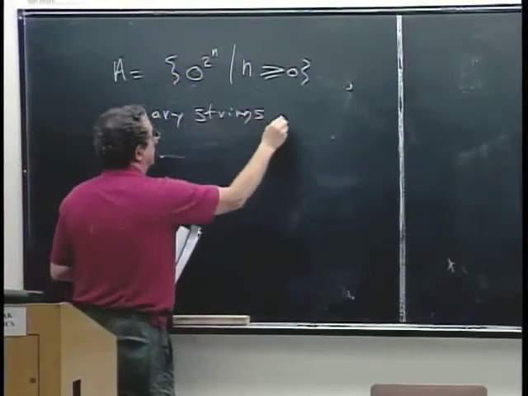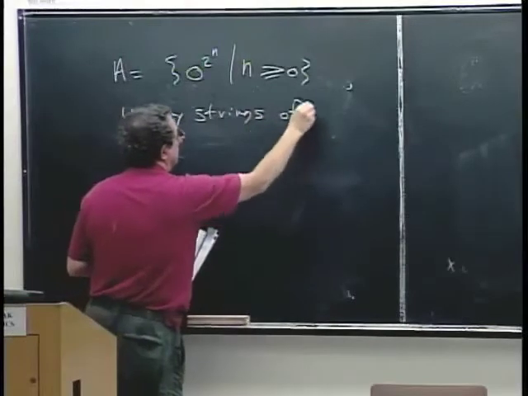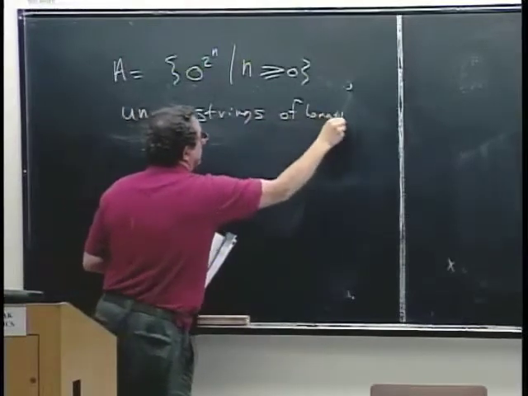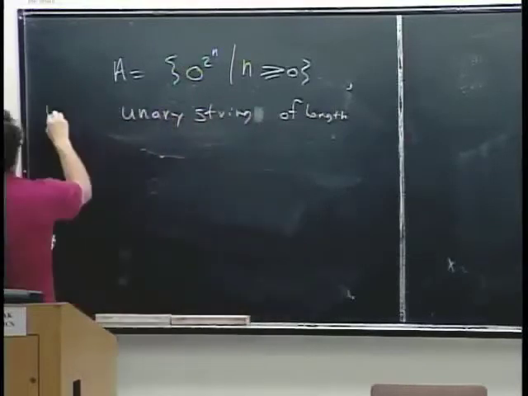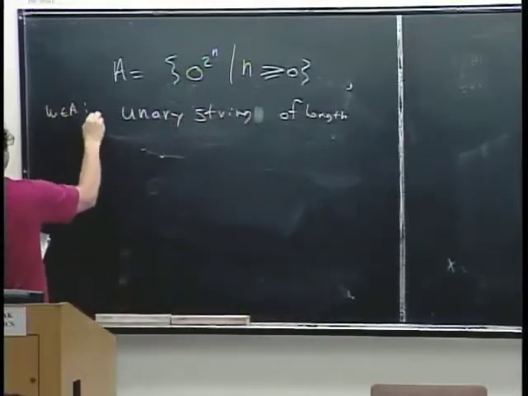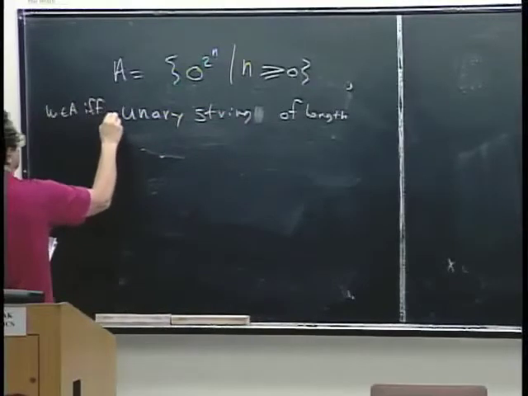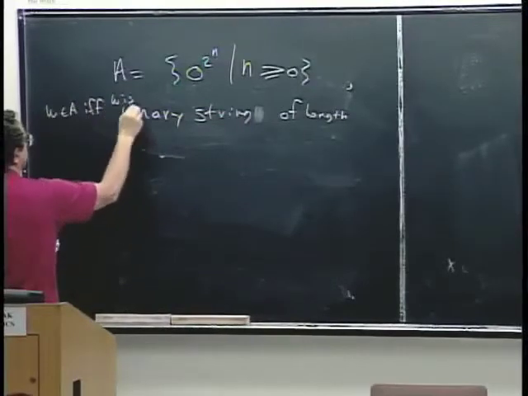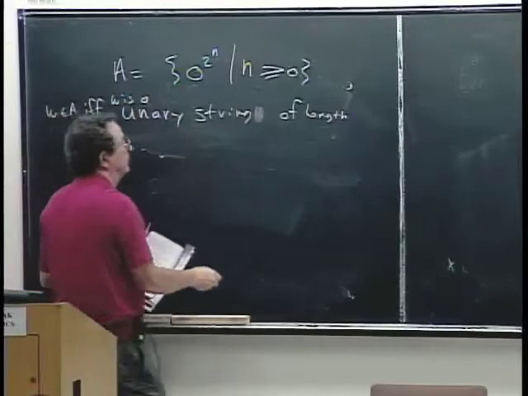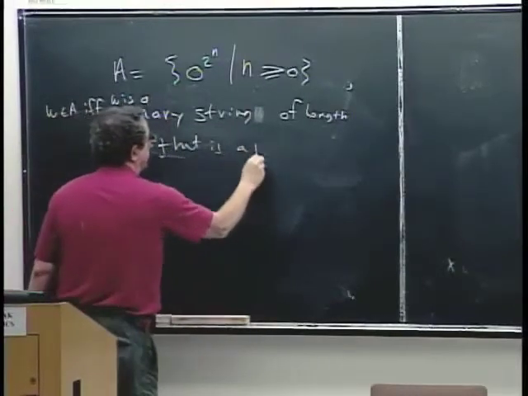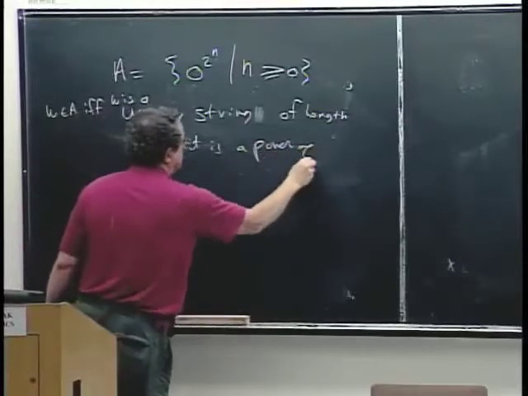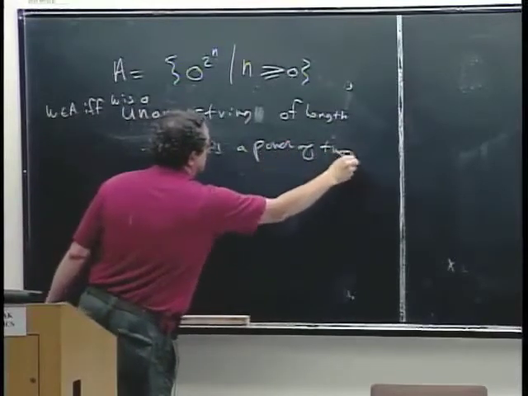So this is a unary string. Let me just say W is contained in A if and only if W is a unary string of length that is a power of 2. Okay?